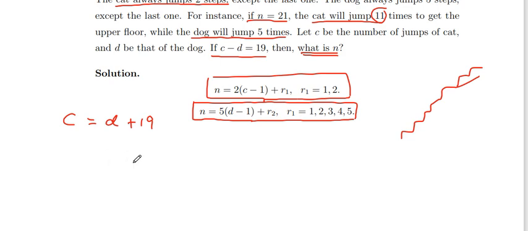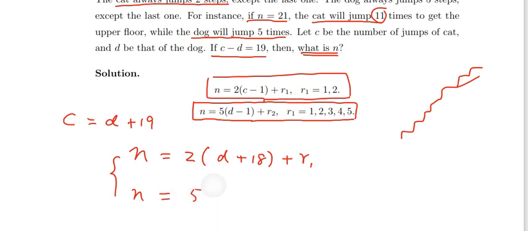So n equals 2 times (D plus 18) plus R1, and also n equals 5D minus 5 plus R2.